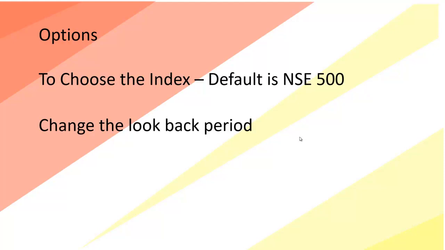Here it is by default set at 22, which is approximately a month's trading period. But one can choose the period they want, but the default period seems to work well on the daily time frame. When you go into a lower time frame, you need to evaluate which is the better period for calculation of the relative strength.